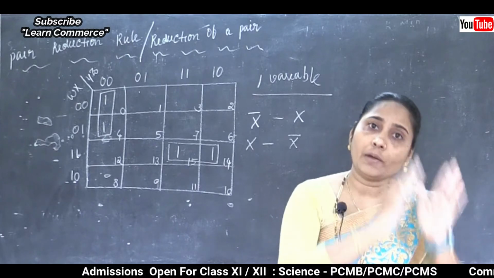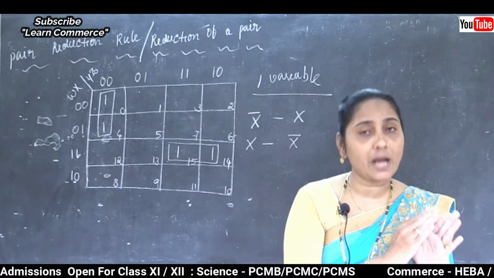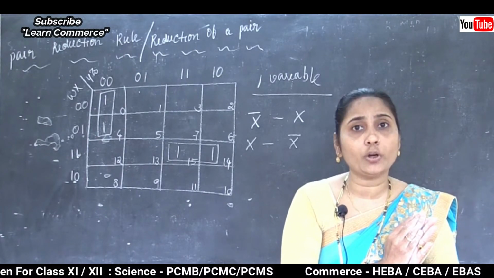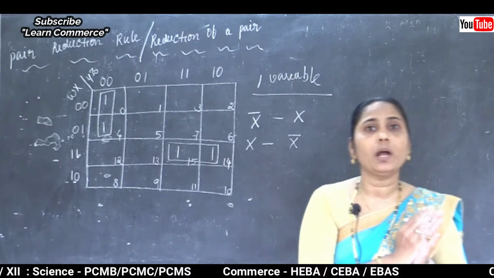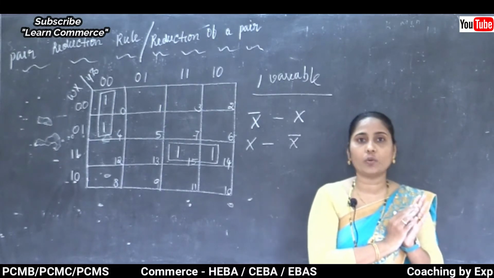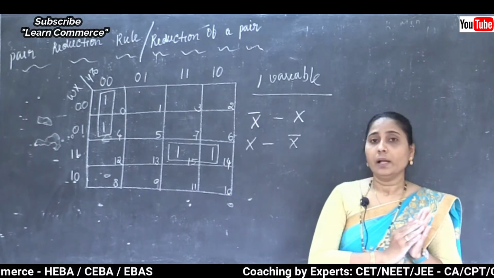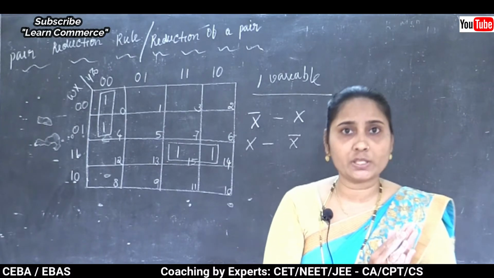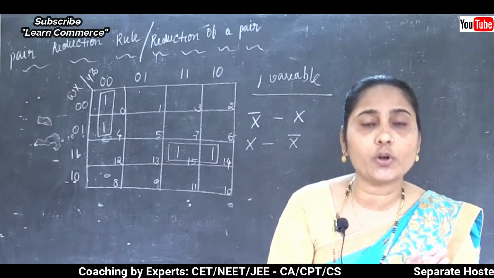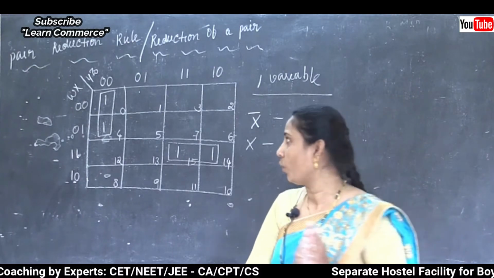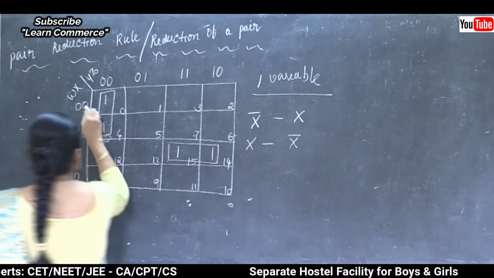For the left side set WX, I am using Gray code 00, 01, 11, 10, and at the top of the K-map also Gray code 00, 01, 11, 10.